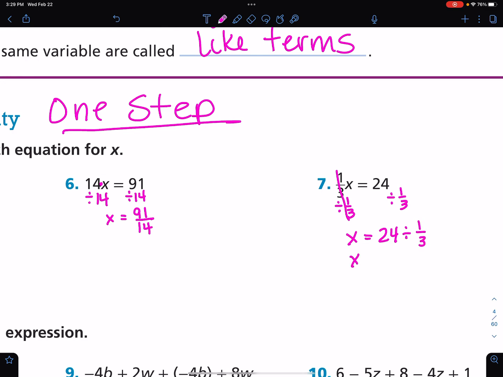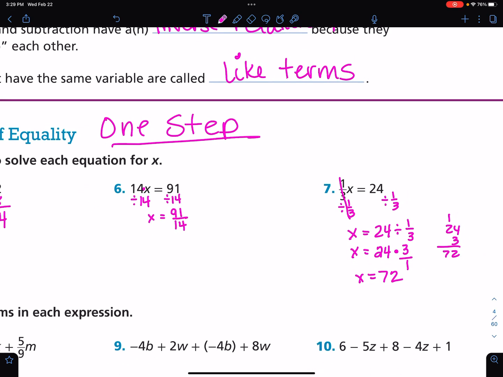Well, I know that dividing fractions just means I'm going to multiply by the reciprocal. Some people call it keep, change, flip, but it's the same thing. I'm multiplying by the reciprocal. So 24 times 3 is 72. So x equals 72.